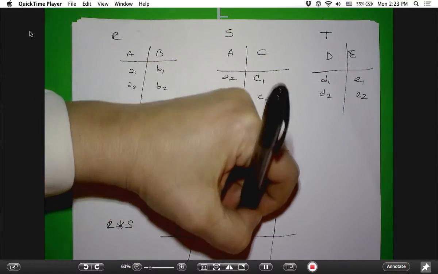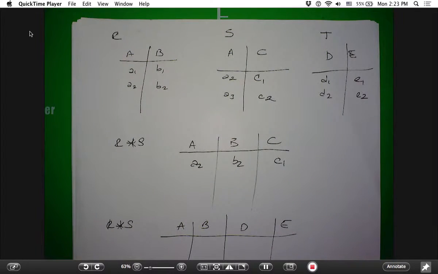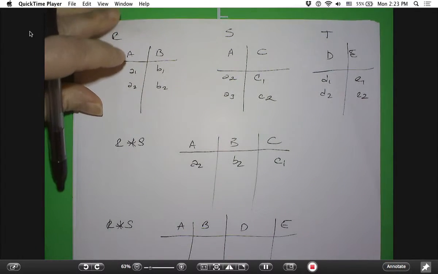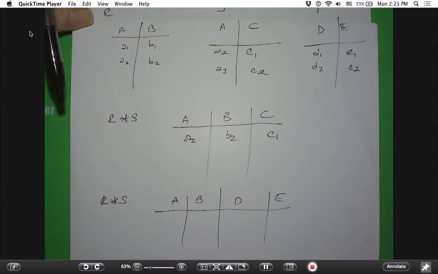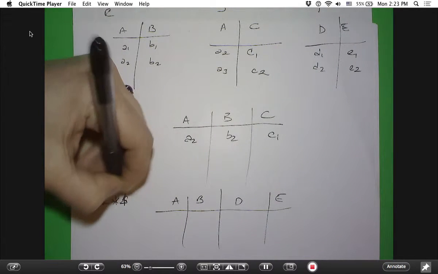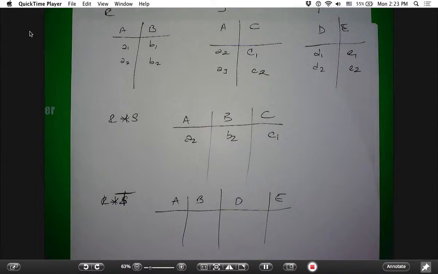A, B, C, and E. Yeah, that should be a T. I know that before the quiz you're actually paying attention. All right. So what is in our natural join?